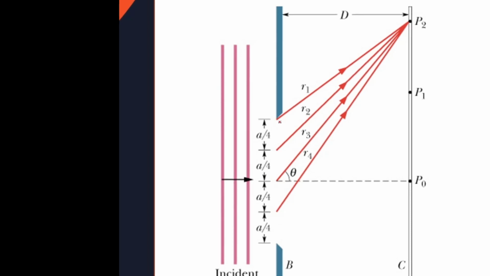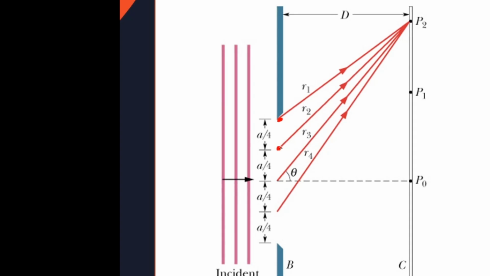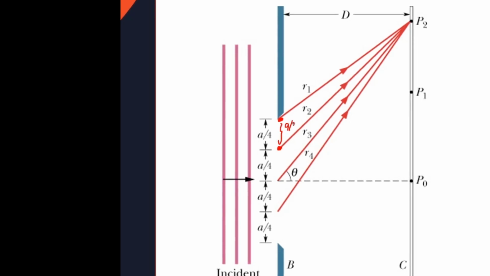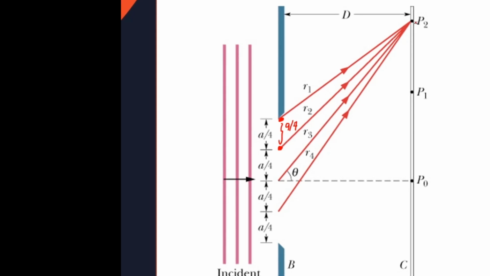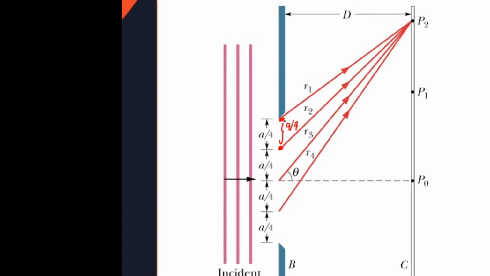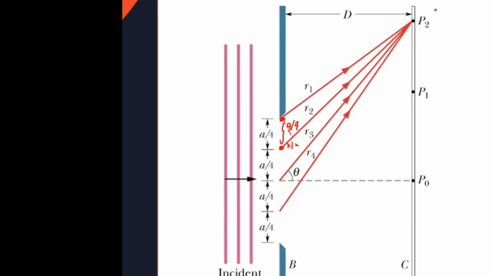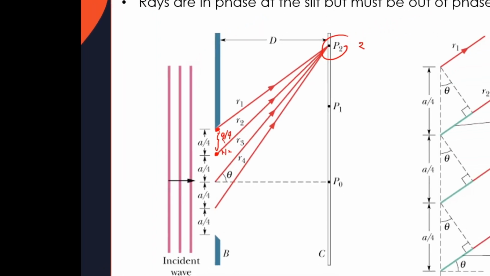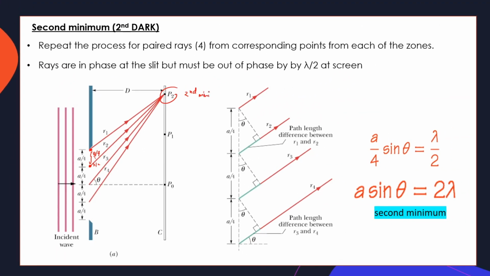The distance from the first ray to the second ray is A over 4. So when ray 1 and ray 2 arrive at point P2, you can see the path difference is lambda over 2, since at P2 we can observe the second minimum.